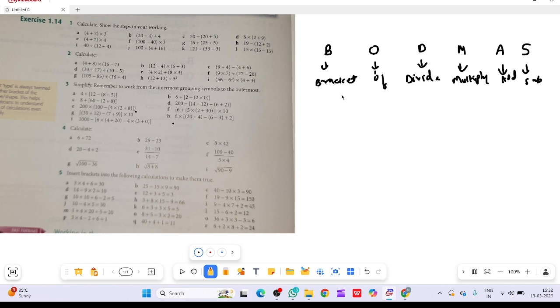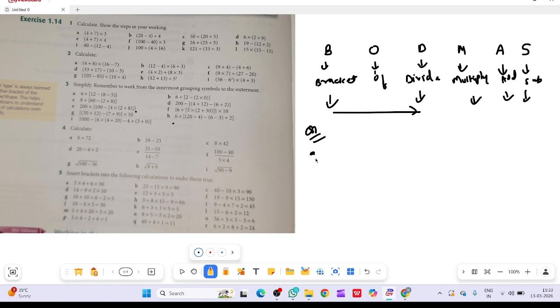You have to solve the bracket first. Do the operations which are in the bracket, then divide, then multiply, then add and then subtract. Otherwise, if you don't follow BODMAS, your answer will be different from the original answer. So let us start and learn how to do this.